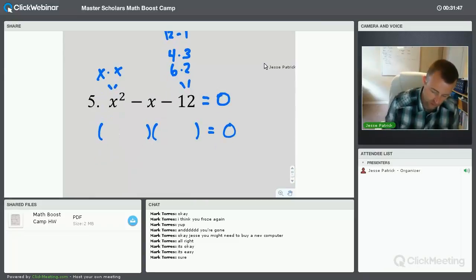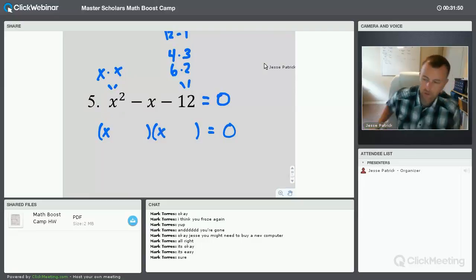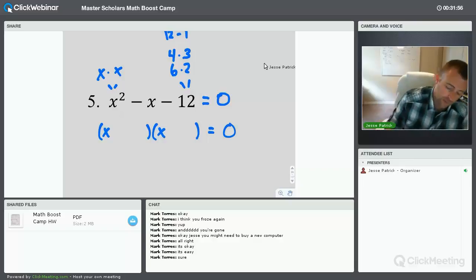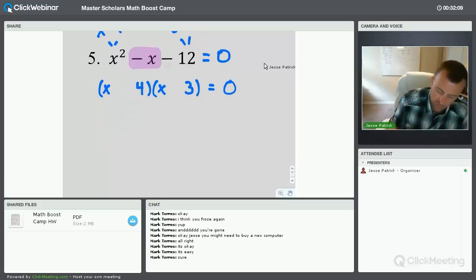The first factors go first in your binomials, so it's x and x, the only way to get x squared. Now with the 12, there's a few different ways to get 12. But notice this number in the middle is a -1. So I'm going to pick the numbers that differ by 1, because those are probably the ones we need. So I'm going to put 4 here and 3 here. Those are going to be your constants.